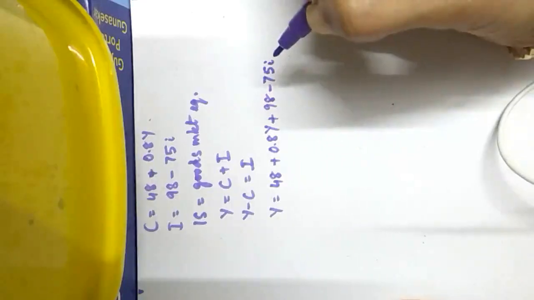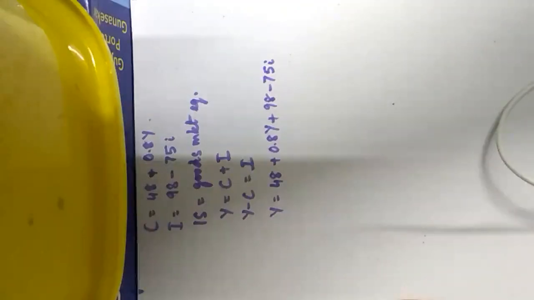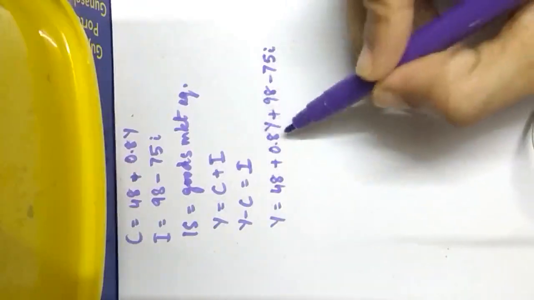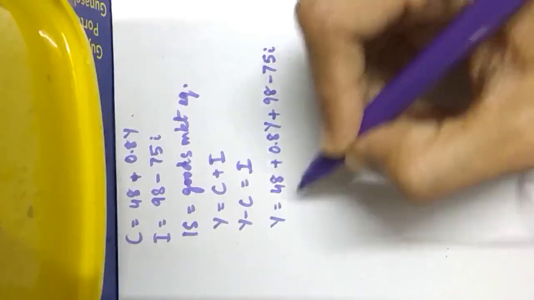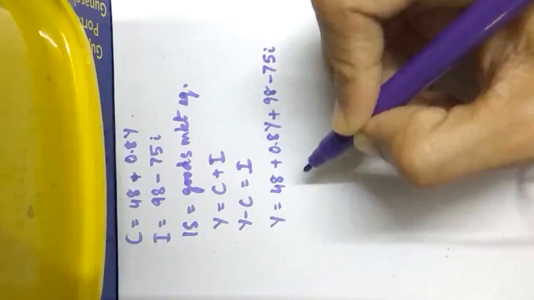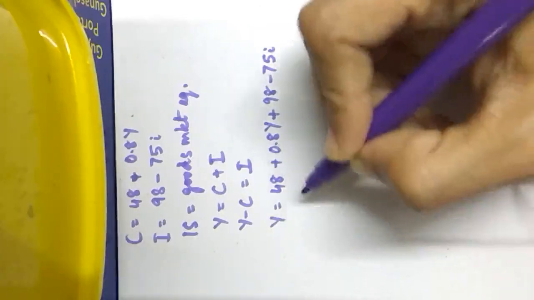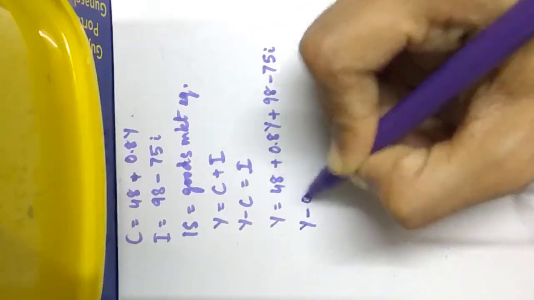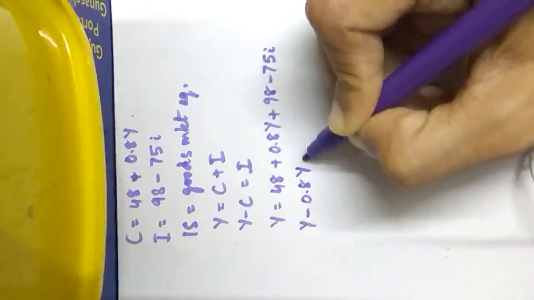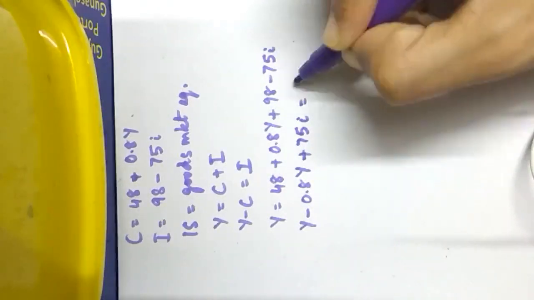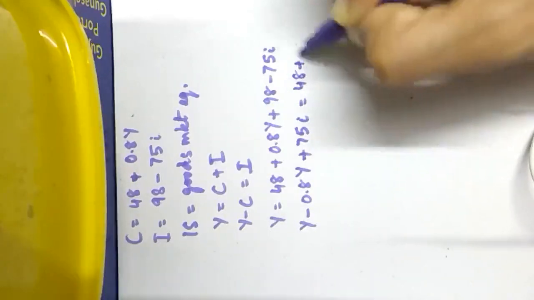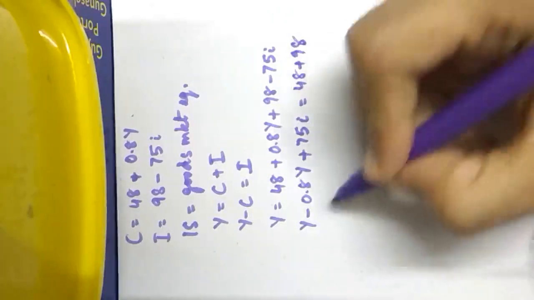Now we have two variables here, Y and i, right? So I'm taking all the variables to the left hand side. I have Y minus 0.8Y plus 75i is equal to 48 plus 98.